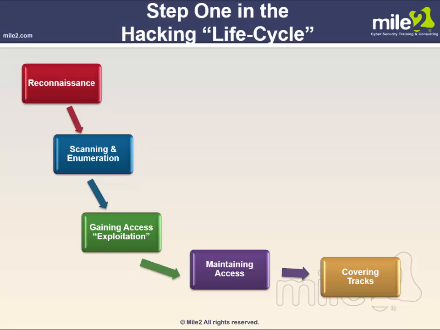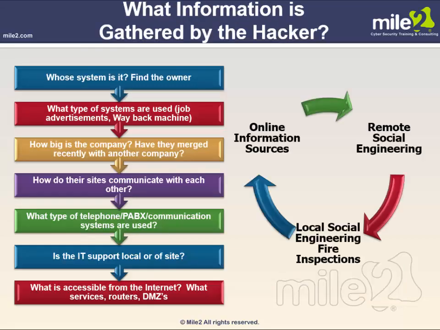This is where we actually get into the systems and try to exploit those systems that we've scanned and enumerated. Then we also maintain access by adding in Trojans, rootkits, backdoors, and so forth, and then we cover our tracks with phase 5.